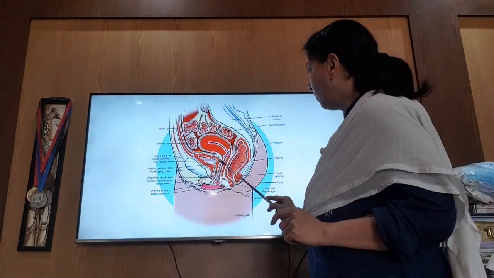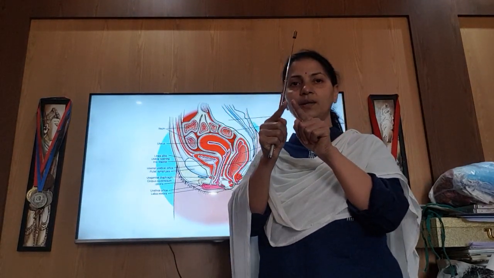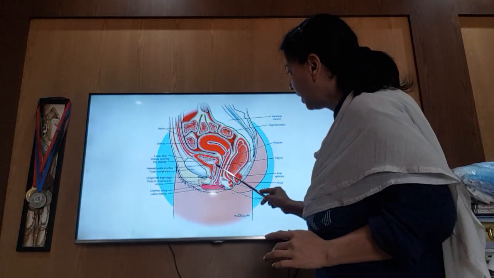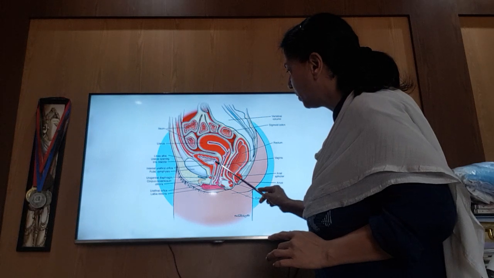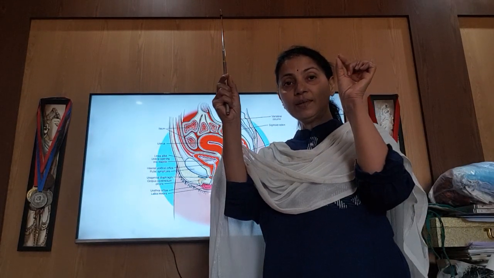But the base of the bladder has a smooth triangular area, a triangle with the base upwards and the apex directed downwards. The apex has the urethral opening. Urethra is opening from there. And the base has two ends, right and left.